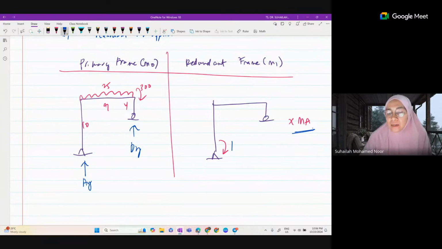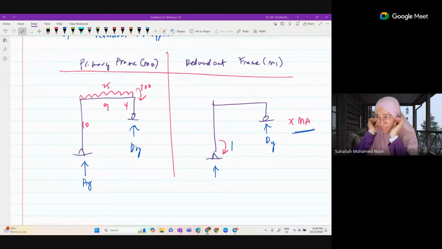Please calculate AY for the redundant frame and DY for the redundant frame. Please calculate the value.